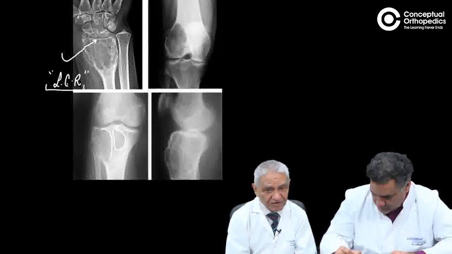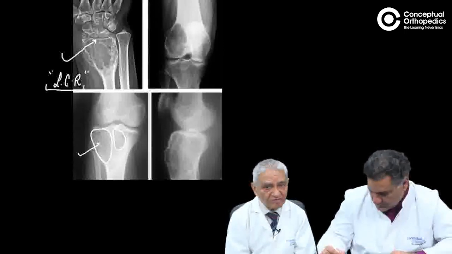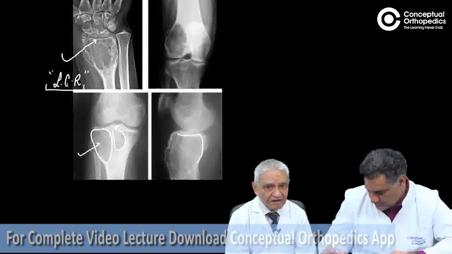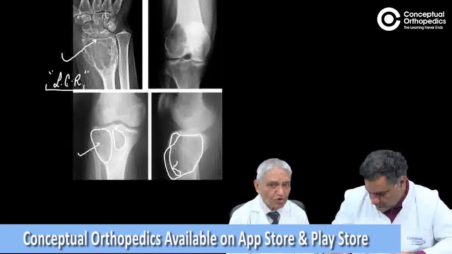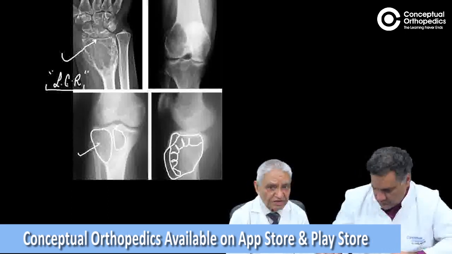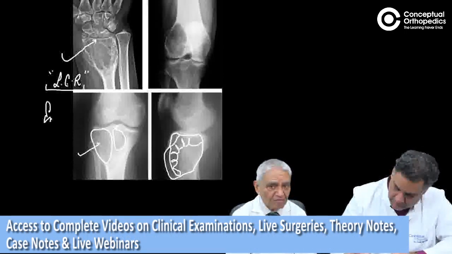Again, one can think of a soap bubble appearance, but I think the biggest radiological things to be seen are: one, mature bone; two, the tumor is at the end of the bone and it is abutting the subchondral bone.